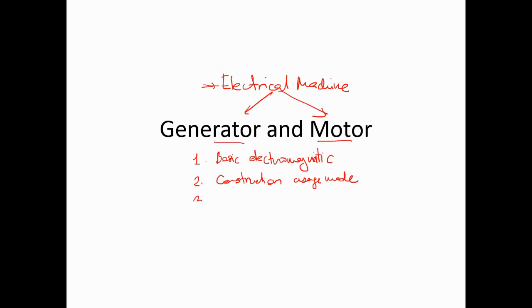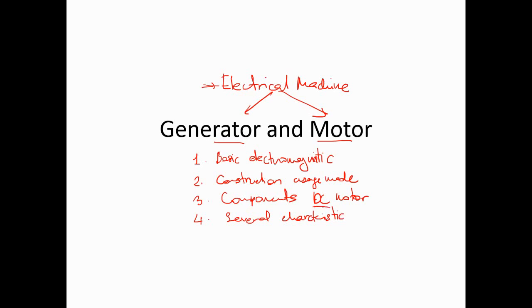In the third part, we're going to look more specifically into the components of a DC motor, and how they work, how each component contributes to the working of a DC motor. And finally, at the end, we'll look into several characteristics that are important to motors, several characteristics of DC motors.